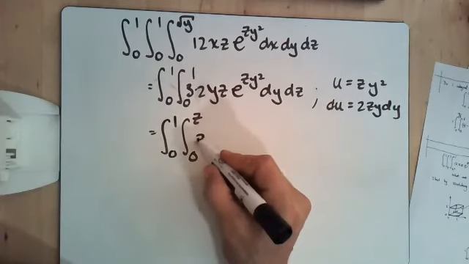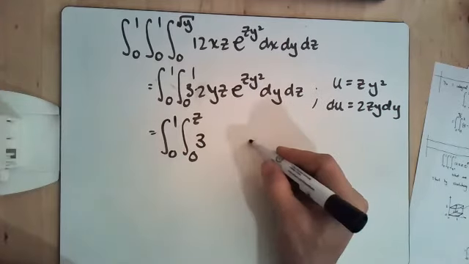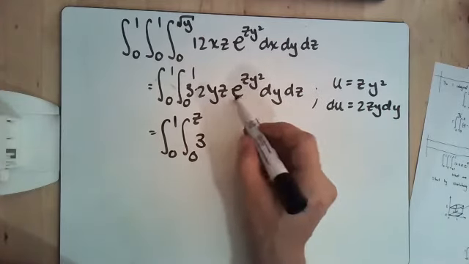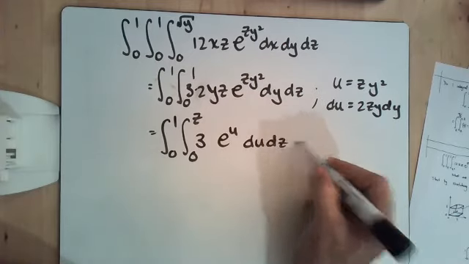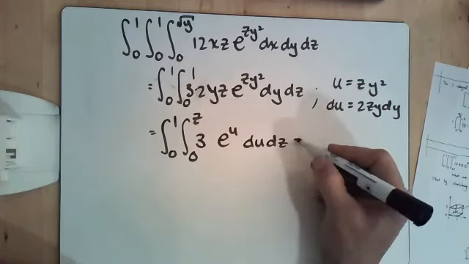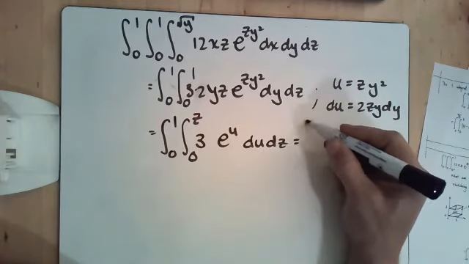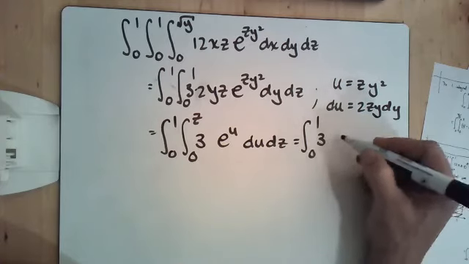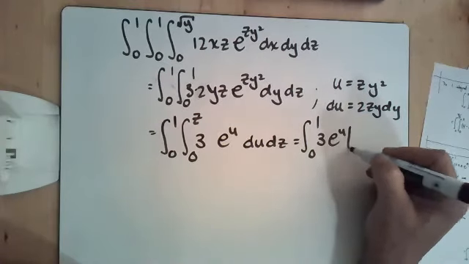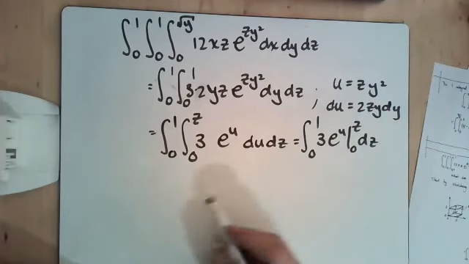Then I get 3, 2zy dy is going to be du. This becomes e to the u, dz. All right, now I'm going to integrate e to the u with respect to u, so I get integral from 0 to 1 of 3 e to the u evaluated from 0 to z, dz.